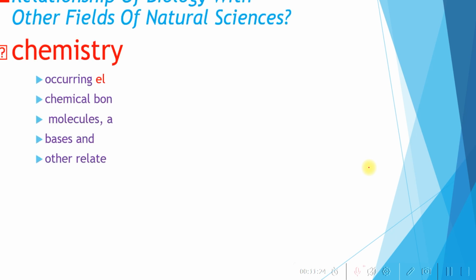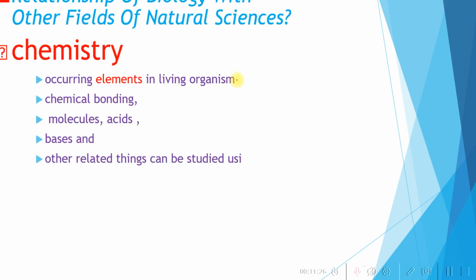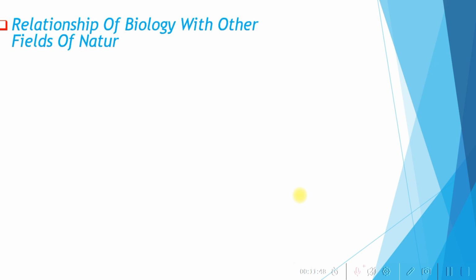So the other point will be the relationship. Let's talk about the relationship of biology with other fields of natural science. So the other point, let's add relationships of biology with other fields of natural science.